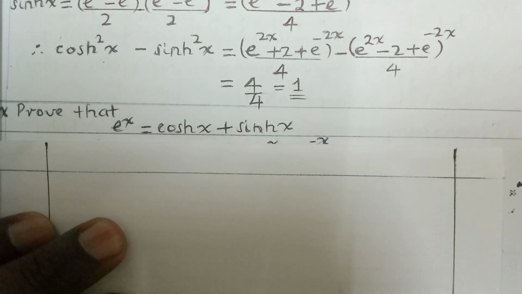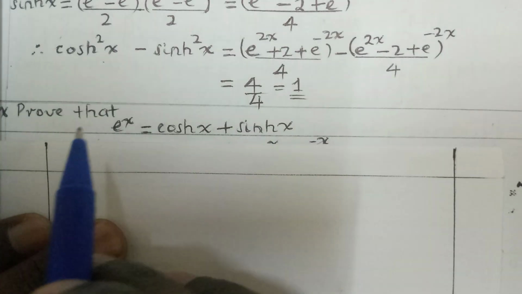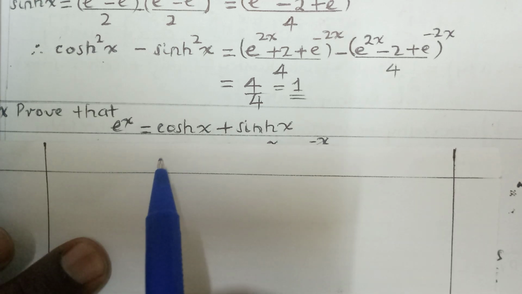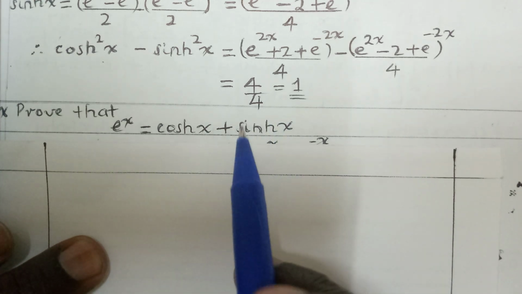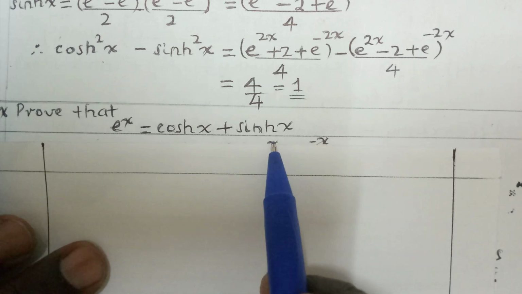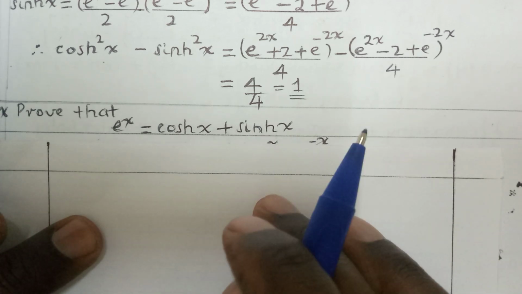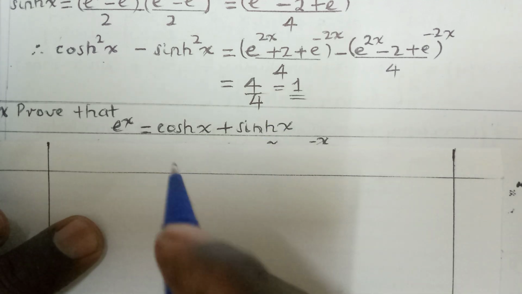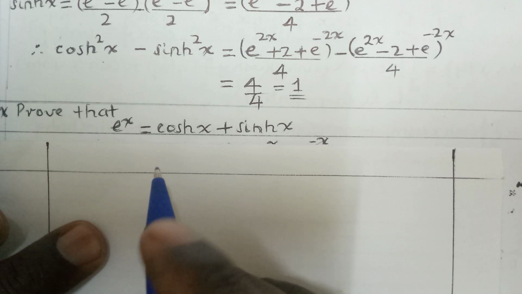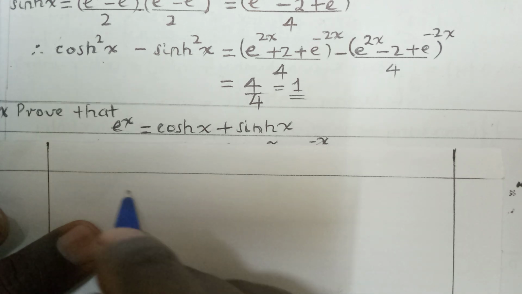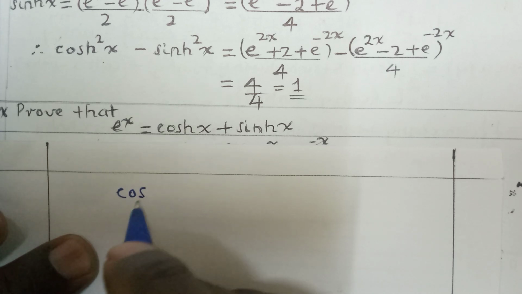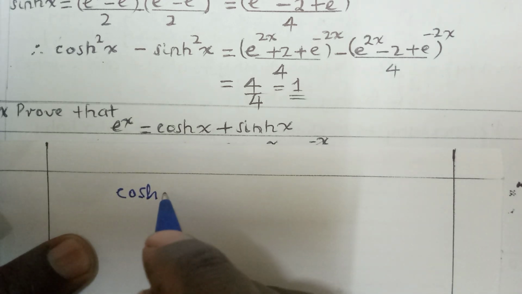Guys, here is another question. So we want to prove that e raised to x is equals to cos hyperbolic x plus sine hyperbolic x. So before we attempt that question, let me just write the identities as we had seen earlier. So we have cos hyperbolic x.